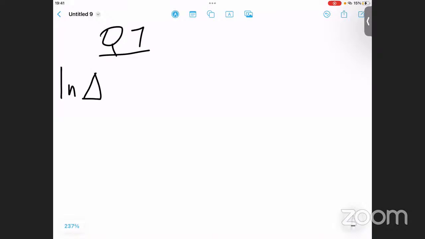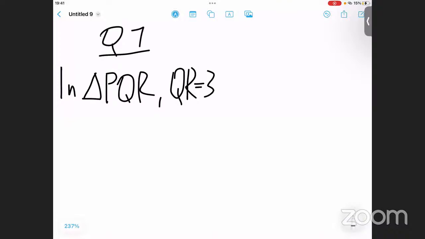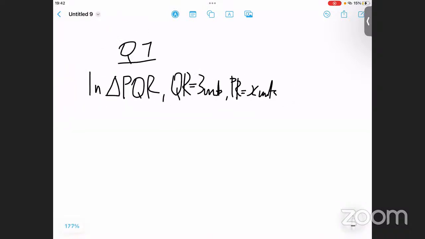So what I'm having there is question number 7, which actually says, in triangle PQR, QR is equal to 3 units, and then we've got PR, which is equal to x units, and then we've got PQ, which is equal to 2x.